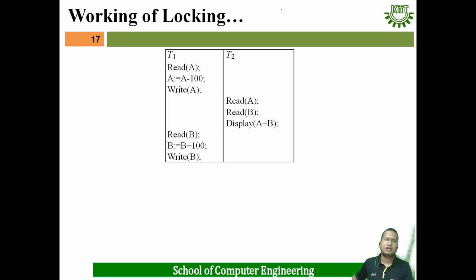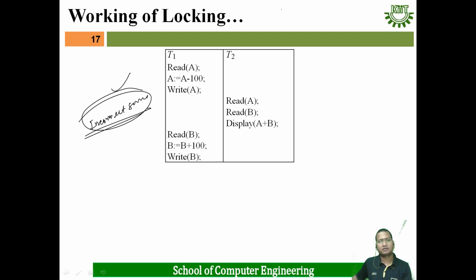Okay, this is the incorrect summary problem. We have already seen this example previously. The basic locking protocol works for other schedules, but in the case of the incorrect summary problem, all the locks will be granted correctly, but the incorrect summary problem will arise when such kinds of schedules are there.